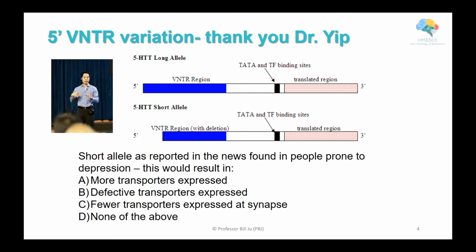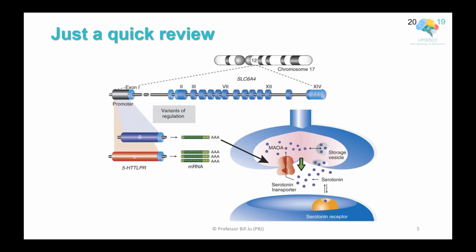We went through some of the rationale and ideas associated with having a small deletion in this 5' VNTR region and why it led to developing fewer of these mRNA transcripts associated with the transporter itself. And this is sort of where we left off.